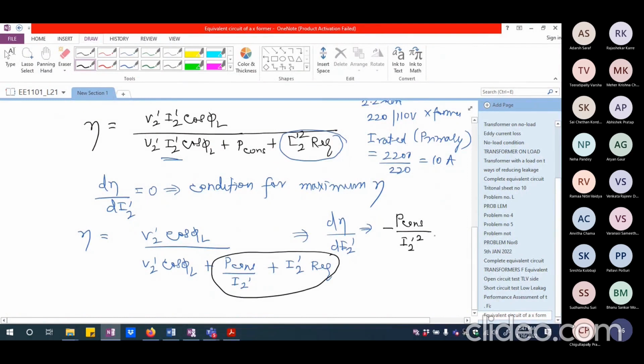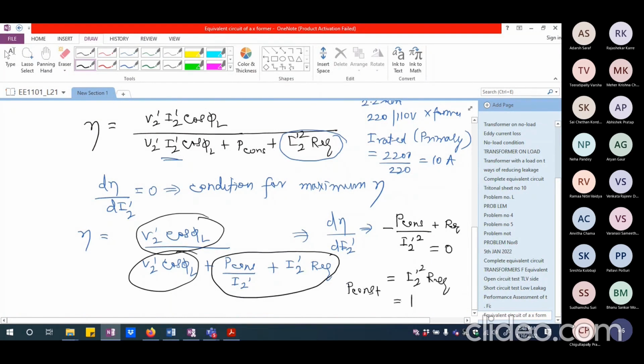And I'm going to have the other one as R equivalent. Nothing else will get differentiated because none of them have the I2 dash term. So this has to be equal to 0, from which I should say P constant equals I2 dash square R equivalent.